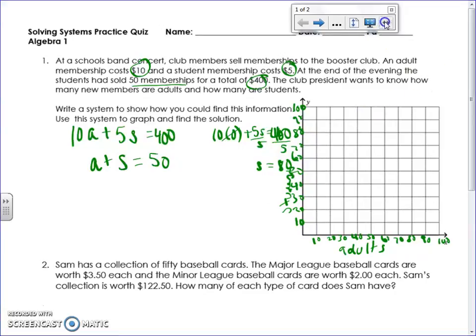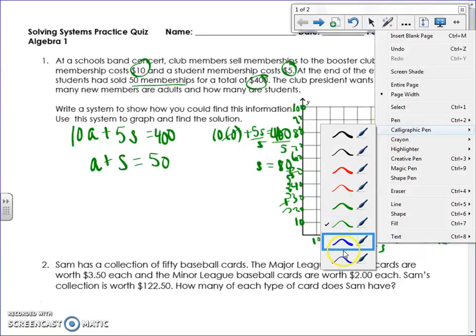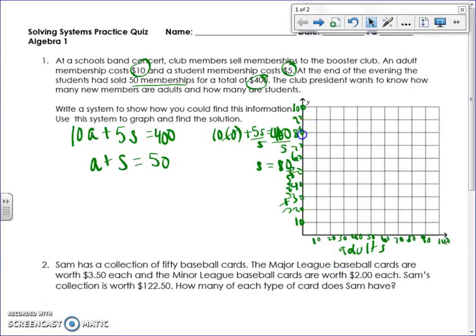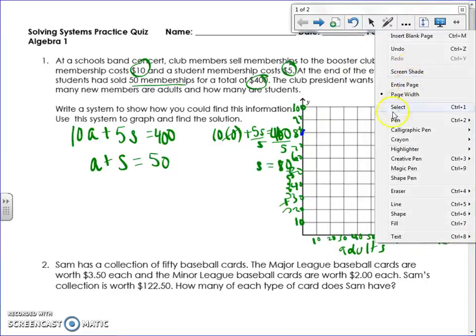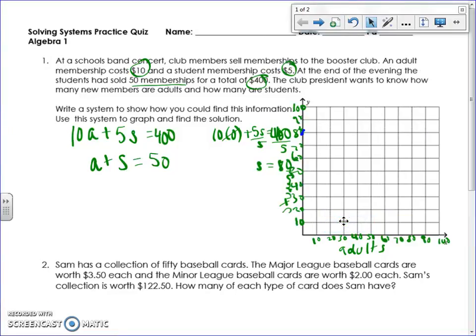So I'm going to use a different color for this so we can see it a little better. So I was at 0, 80, and then I have to find my price for my students. When my students are 0, what is my adult price? So I'm going to plug in 0 for S and see what my adults are.